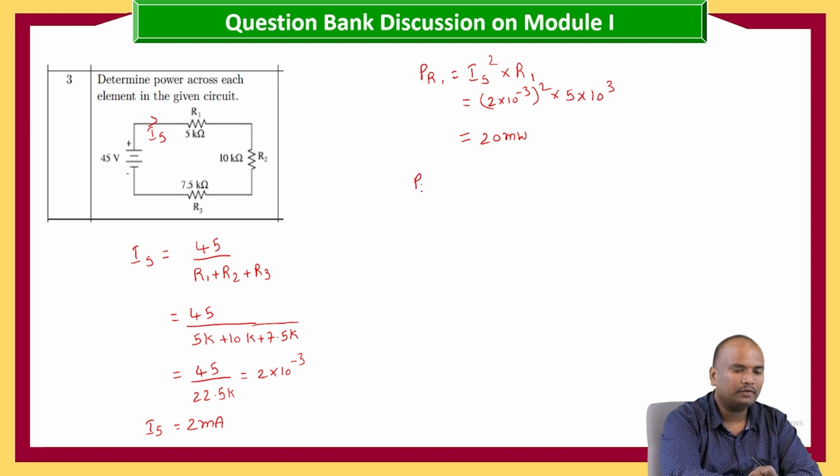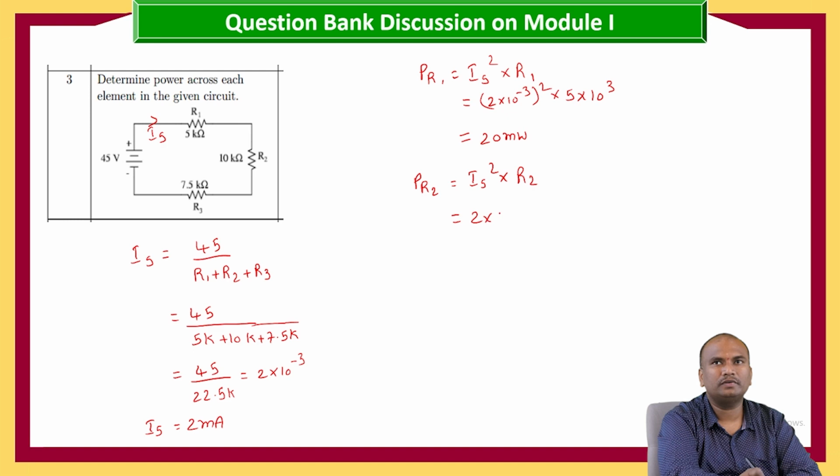Now PR2 is equal to Is square into R2, which is equal to 2 into 10 to the power of minus 3 whole square into 10 into 10 cube, which is equal to 40 milliwatts.